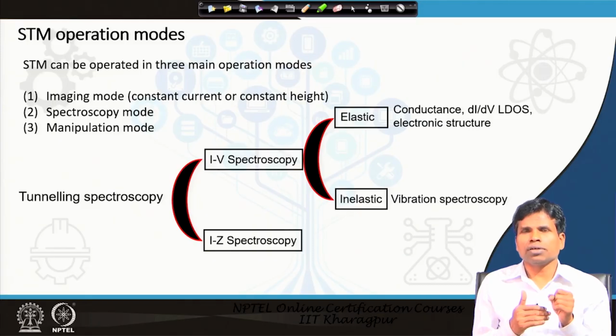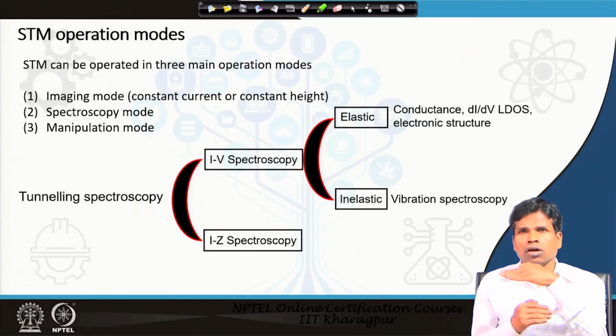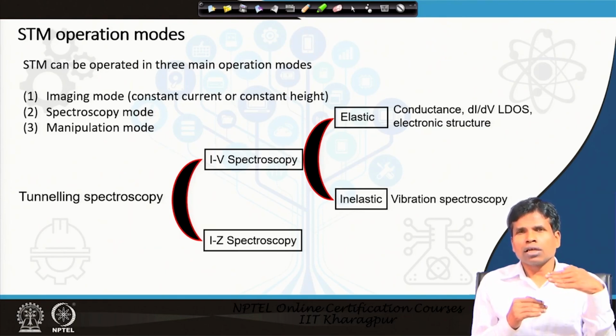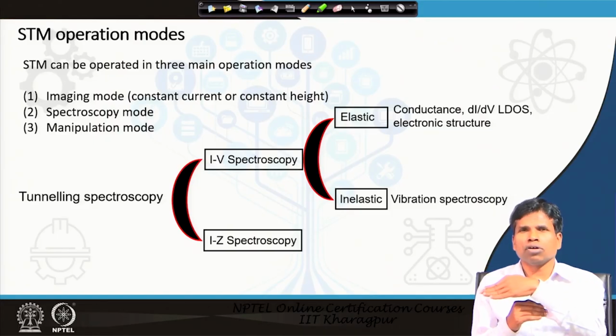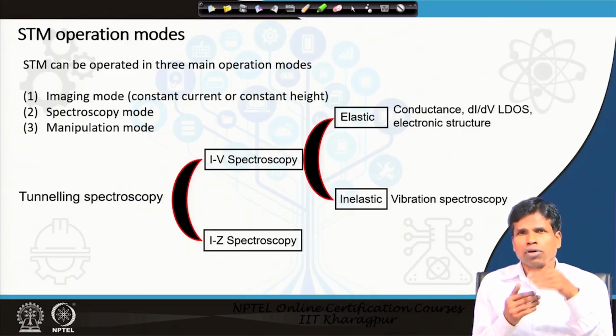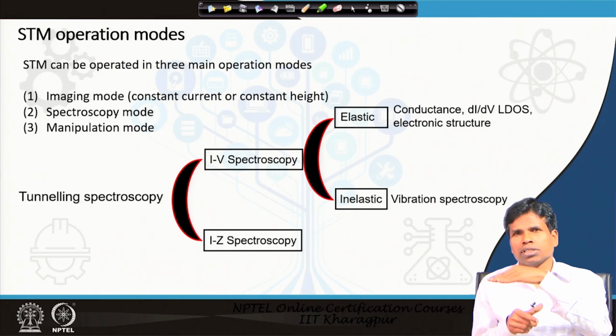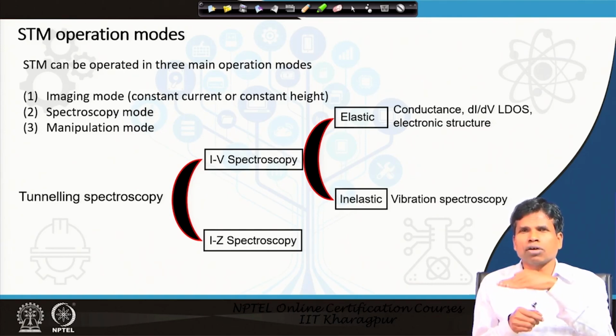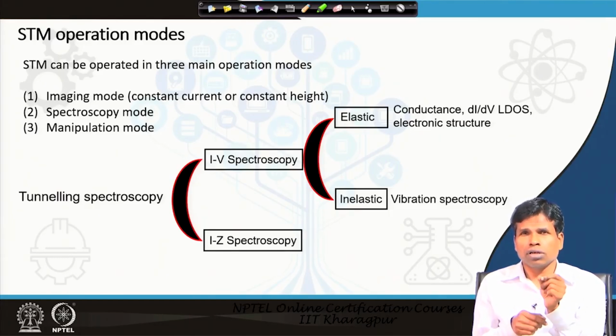So, the bias potential is kept fixed and we measure the current between the tip and sample while scanning the tip over the sample, that is in constant height mode. In constant current mode, our tip goes up and down. Again there is a fixed bias potential. The tip goes up and down because of different voltages given to the piezo scanner, and that voltage is utilized for image construction.